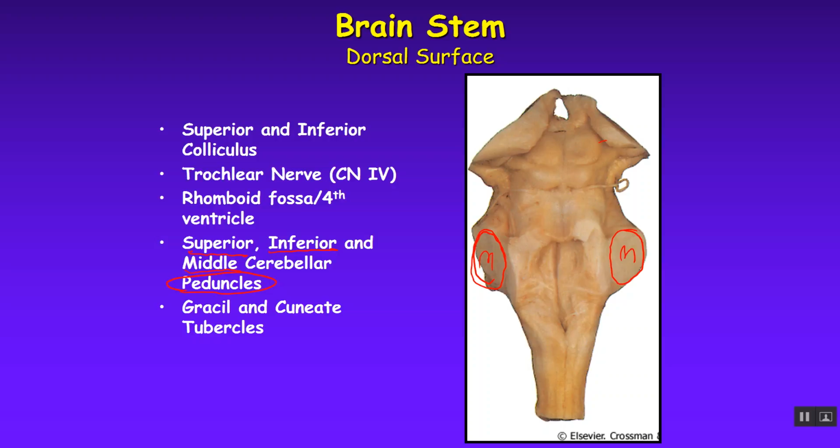You have to cut these at the right angle so that you can appreciate which one is inferior, middle, and superior. This area right here, and here, that's the superior cerebellar peduncle. These areas right in here are your inferior cerebellar peduncle.